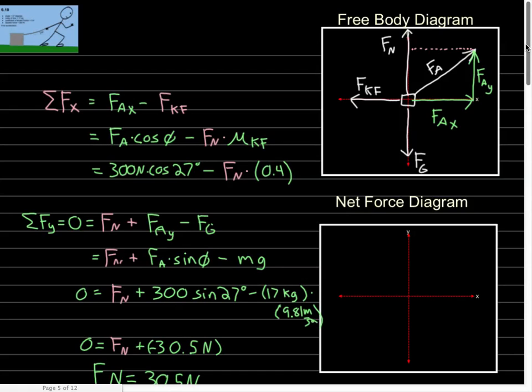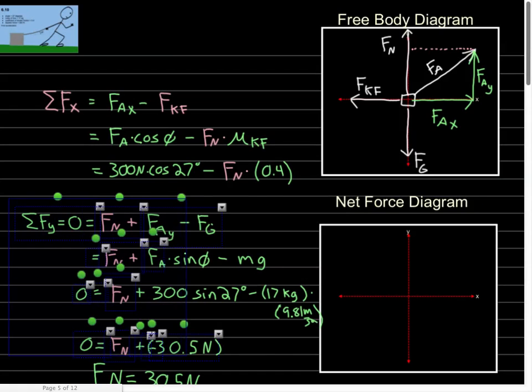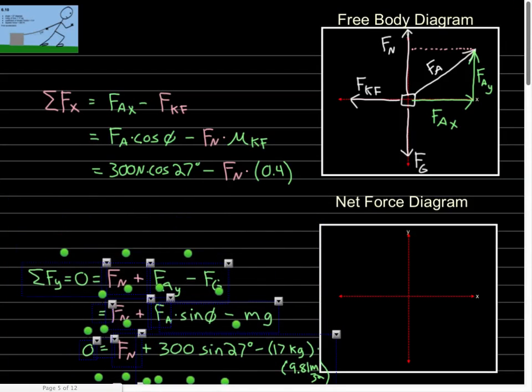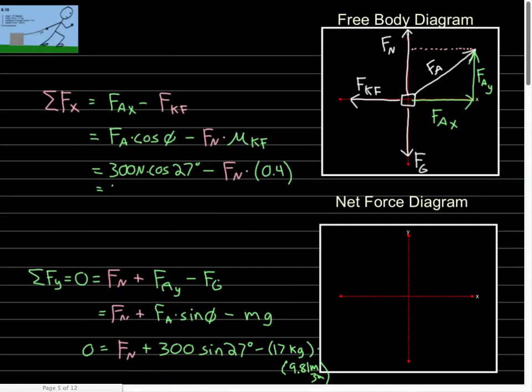Cool. Now we can take it and plug it back in up here to what we're looking for. So let's move all of this down. Now we have the net force in the x direction is equal to 300 cosine of 27, which is equal to 267 newtons, minus the normal force, which is 30.5 newtons, what we calculated, times 0.4.